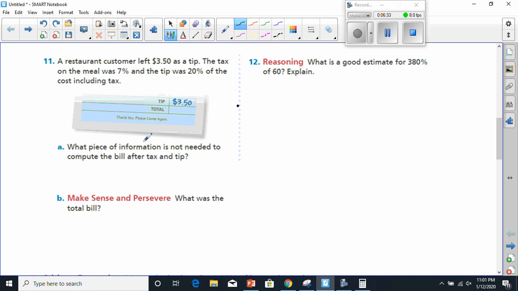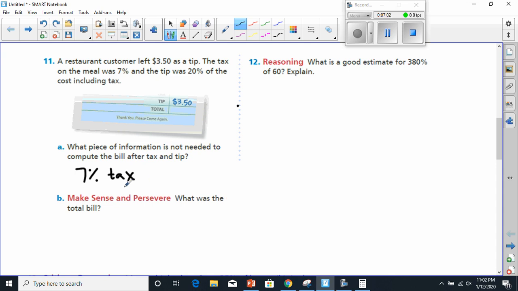Well, not needed to compute the bill after the tax and tip. Well, the tip was 20% of the cost, including tax. So I don't think I'm going to need the tax on the meal at all. So the 7% tax. And next it says, what was the total bill?